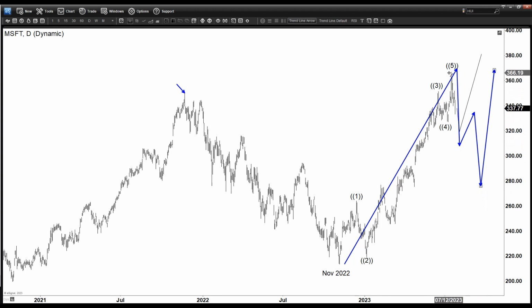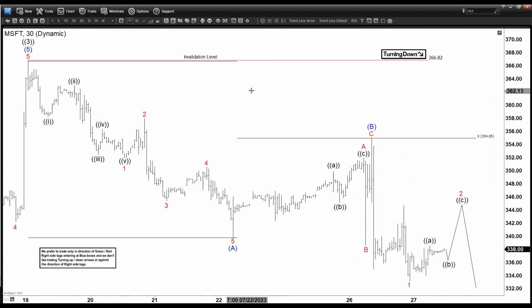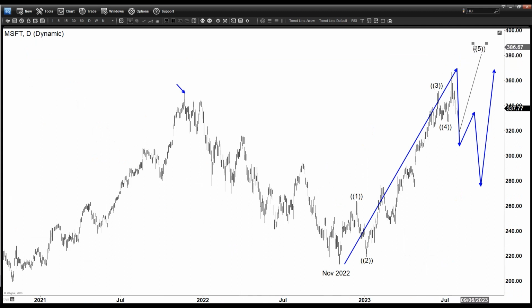So this can become a 5 waves down if this becomes bigger with a leg on the downside. But that's not what our primary view is, just telling you the alternate. The primary view is still calling for an ABC with one more push higher before we finish a 5 waves up from November 2022.